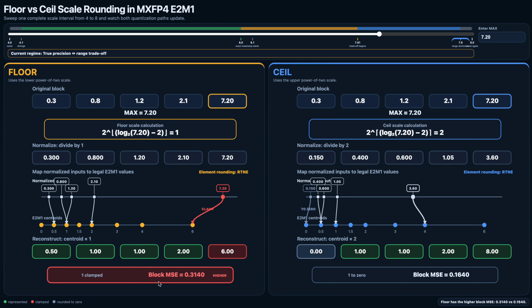If you calculate the total block mean square error for this distribution, it is 0.3140. This is quite high compared to the right, which is 0.1640.